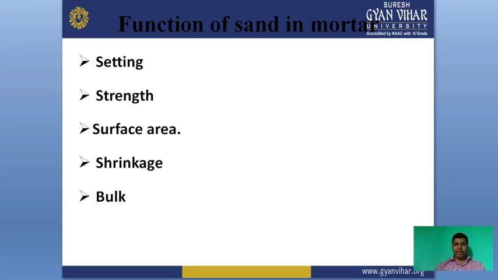It means the function of sand plays a greater role in the plastering process. It gives better strength, it sets quickly with other components, it also covers the surface area and it also protects from shrinkage.